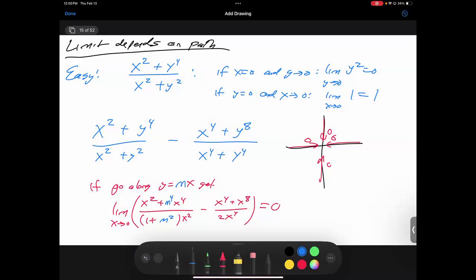For the other one, I'm going to get an m to the eighth, x to the eighth up top. And then down below, I'm going to get an x to the fourth. And the coefficient is going to be 1 plus m to the fourth, I think.